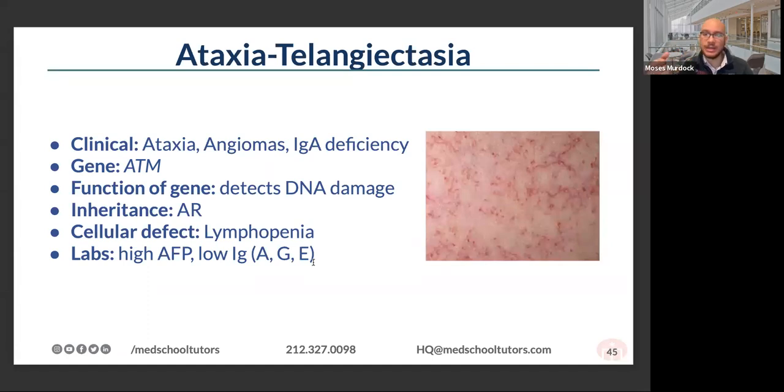All of this ties together because if you have lymphopenia, you have low B cells, and then you also have low T cells. And the T cells are important because they really help with class switching, for instance. So T and B cells have very interrelated functions, and you have defects in immunoglobulin production.